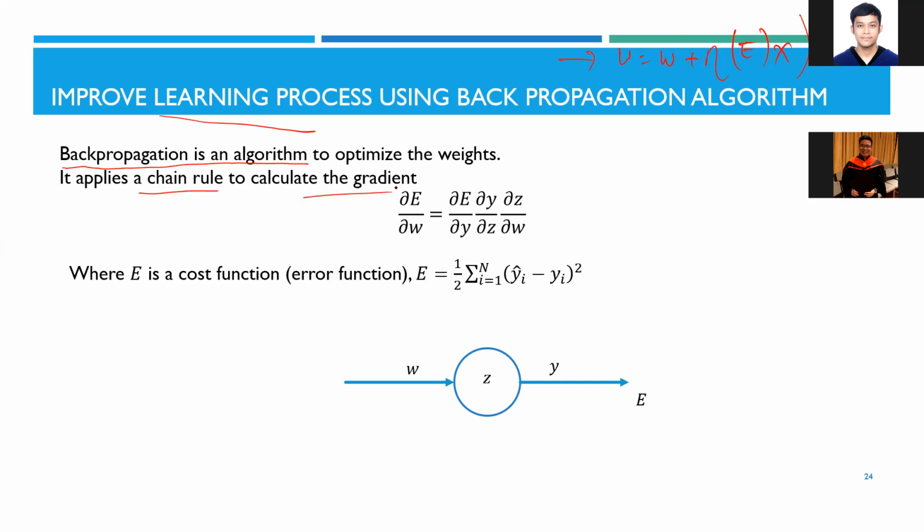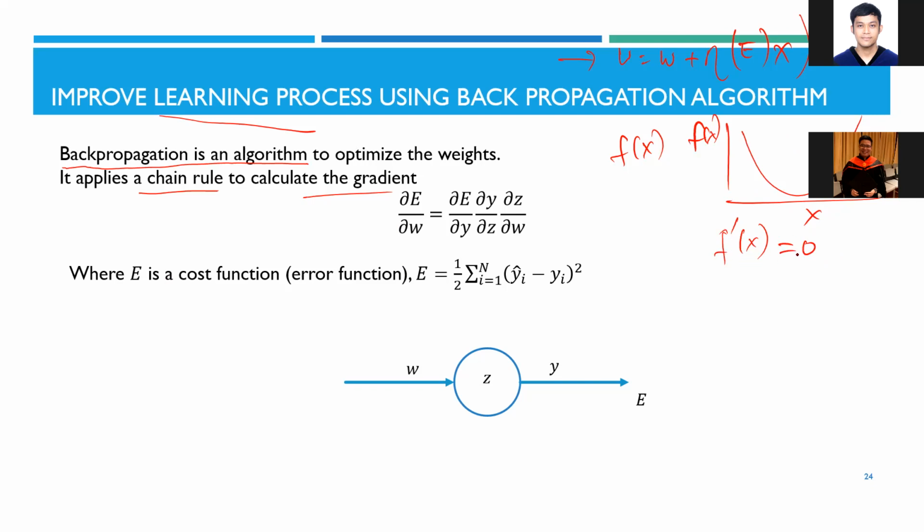If we go back to our high school materials, we know that if we have a function, for example this is x, this is f of x, I hope you still remember. What is the optimal value of this function? The optimal value is where the first derivative of the function is equal to 0. Why?